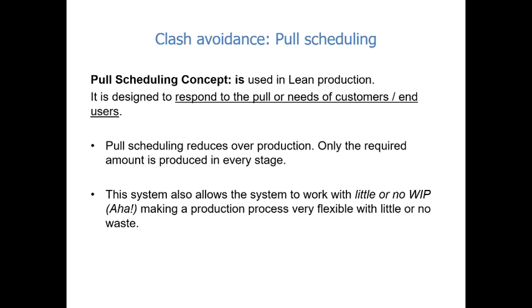Remember, I said little or no WIP, because you're addressing the issues as we move along. There's also a higher chance that model will be the final model, because you're making changes as you move along. So little or no WIP, making the production process very flexible with almost no waste.